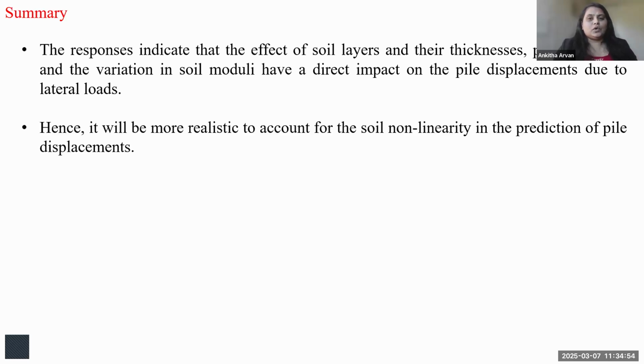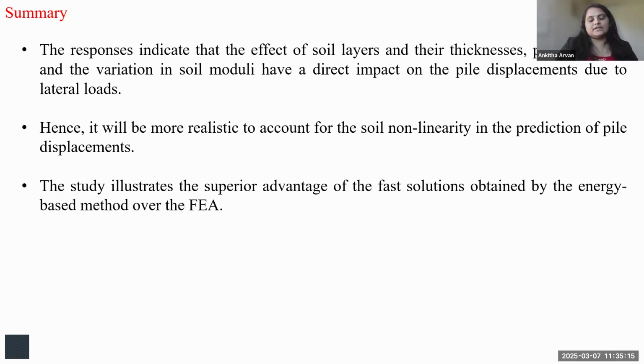It is more realistic to account for the soil nonlinearity, because in the nonlinear range the responses were quite different and it was difficult to trace them through the numerical approach, whereas with the analytical finite difference approximations it was much closer. That was one of the important conclusions.